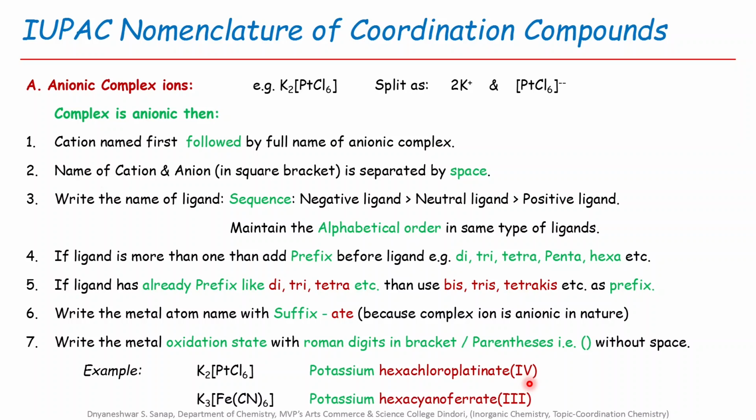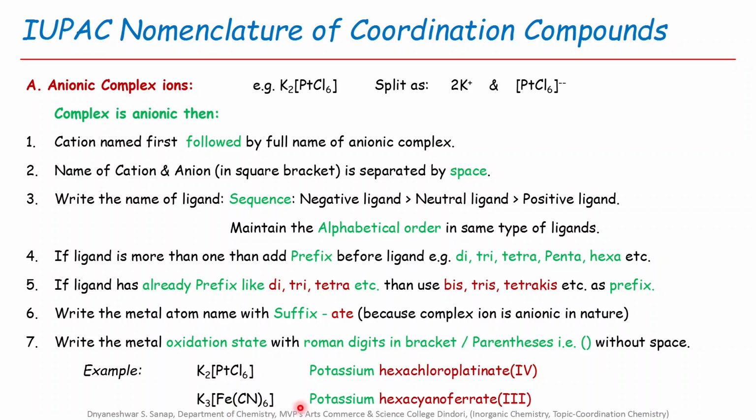The second example is K3[Fe(CN)6]. In this case, six CN- ligands are attached to the Fe atom, and outside the square bracket there are three K+ ions, which means the oxidation state of Fe is +3.